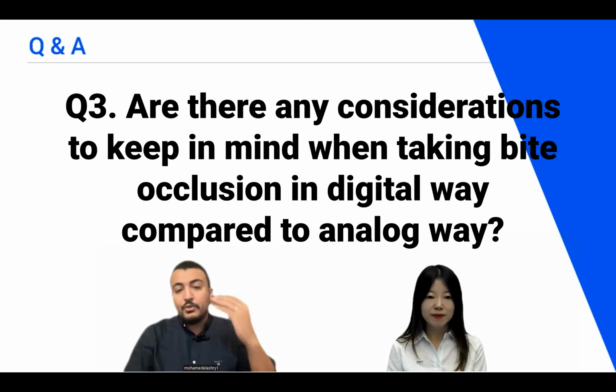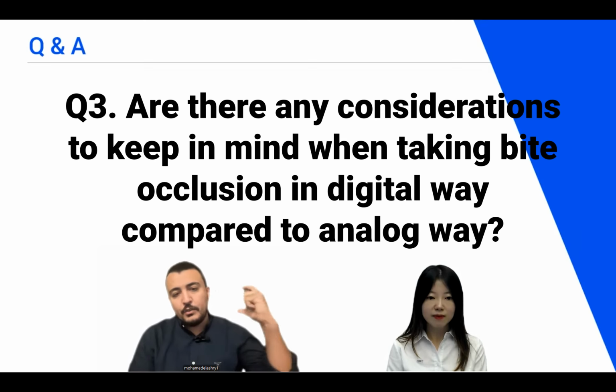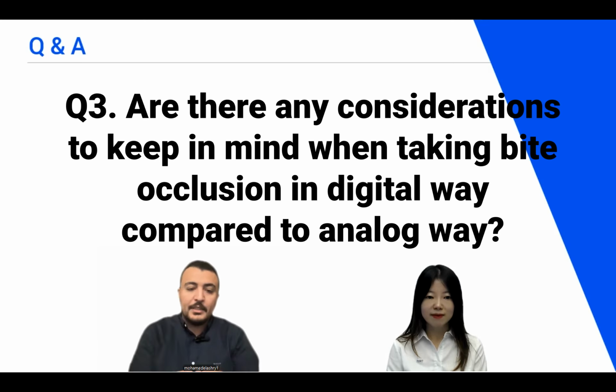So we have overclosure or collision on one side, and on the opposite side we have open contact. According to the recommendation of Medit, we should take two scans, one right and one left. But actually, according to my little experience, I think it's better to scan the relationship in one shot from right to left, not taking two bites, because this will decrease the tilting effect.